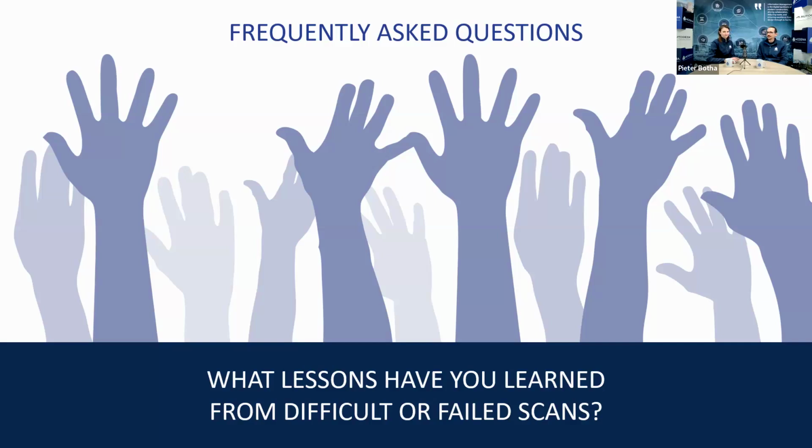The other thing I would say is that if you're in doubt whether your scan position is going to work or not, do one more scan. You can never have too many scans, and it will always help you avoid returning to site again to capture more data. Yeah, so those are the biggest components for difficulties on sites.